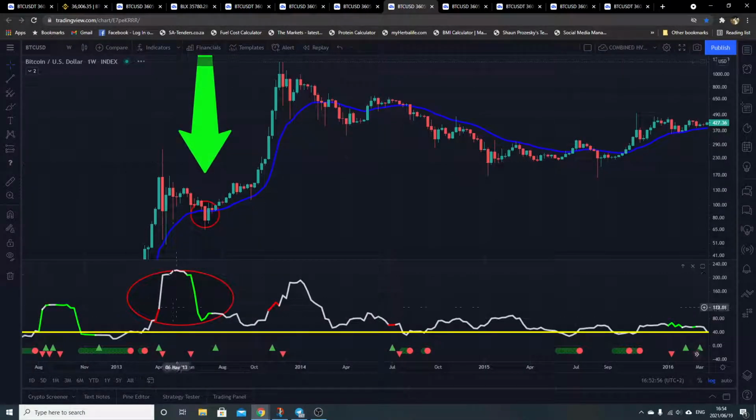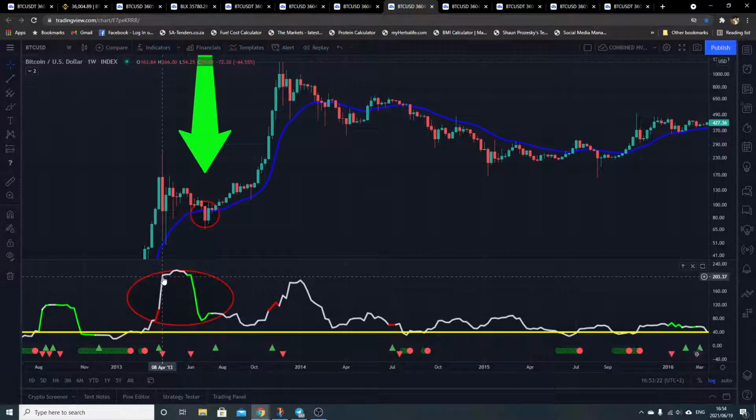Okay, here we go, guys. Watch here. When these moving averages all combined go from white to red, that gives a signal that the price is coming down. When the price goes white, it gives a signal.